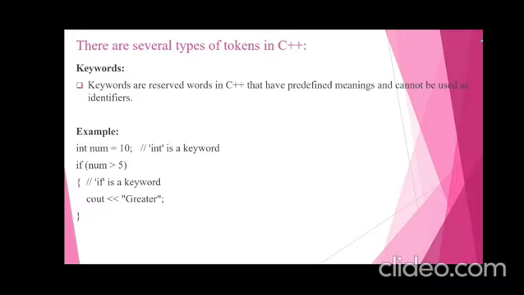Similarly, in the condition if (num > 5), the word if is a keyword used for decision making. This example shows how keywords are used in a program to define structure and logic, and why they cannot be used as names for variables or functions.